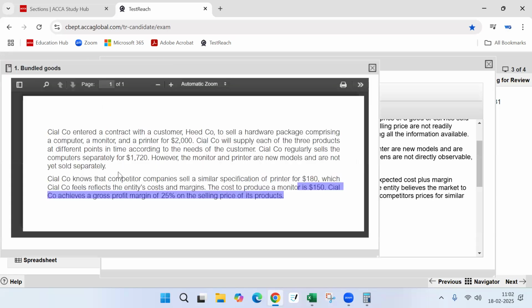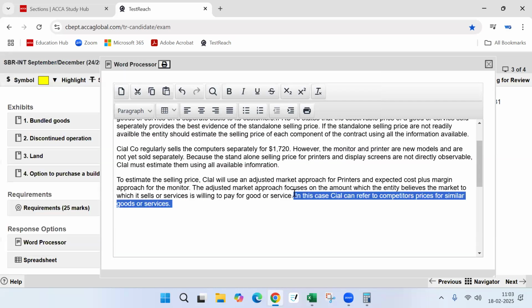So you can say CL knows that the competitor sells for, which you can copy this also, because this is a very good explanation. Can you just see the sentence? So we have justified why we are using market approach, and we have justified what is market approach, which is nothing but competitors' prices.